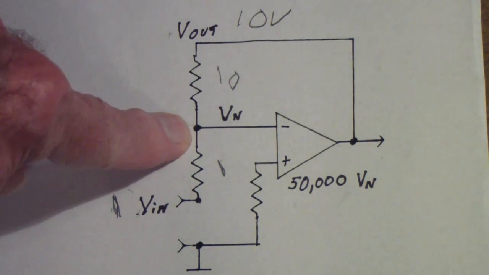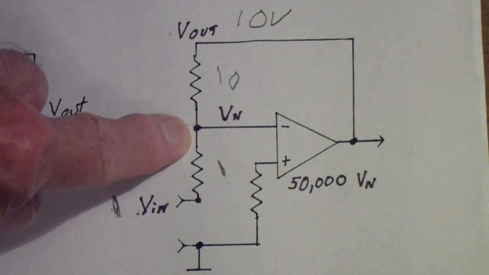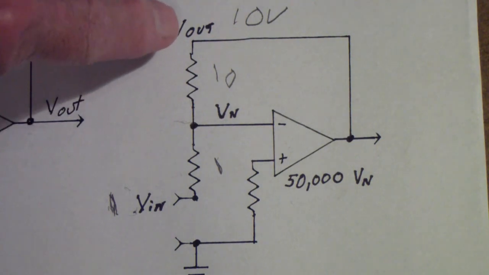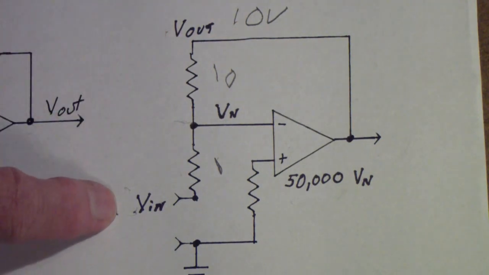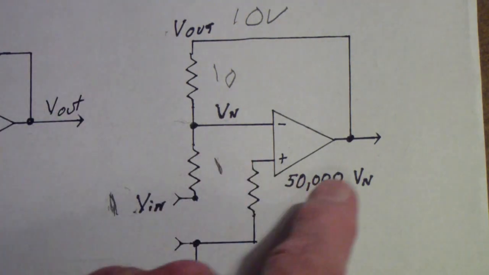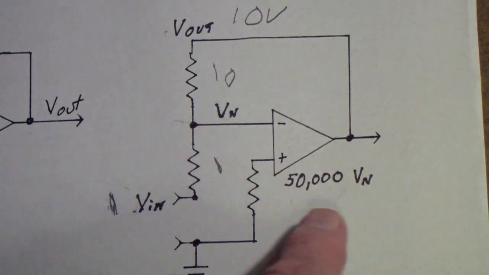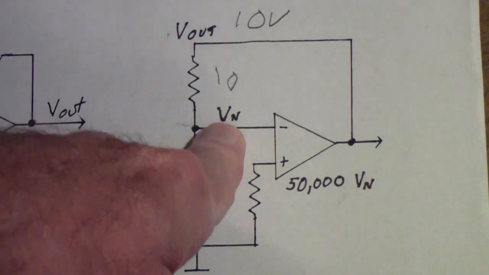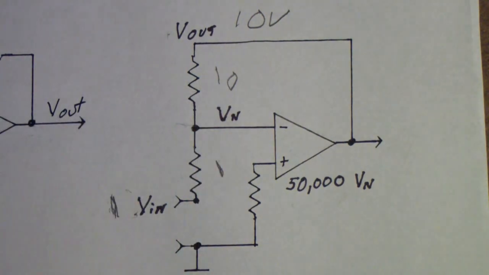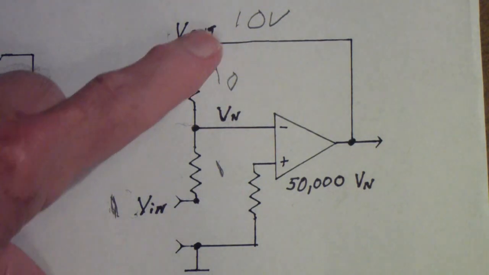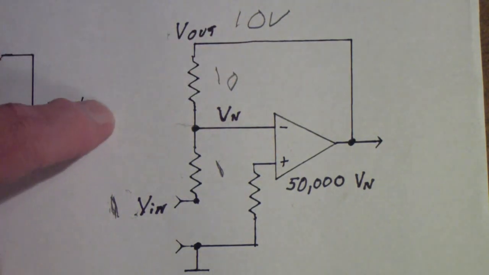The voltage here is really the Ohm's law equivalent of the output voltage and the input voltage, where the output voltage is just the open loop gain of the amplifier multiplied by the node voltage. So what does that mean? Well, what that means is that this voltage is not really 10 volts.